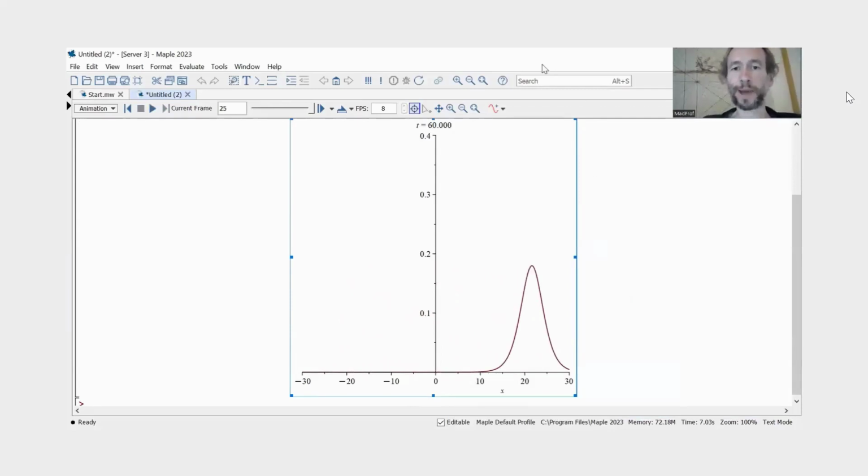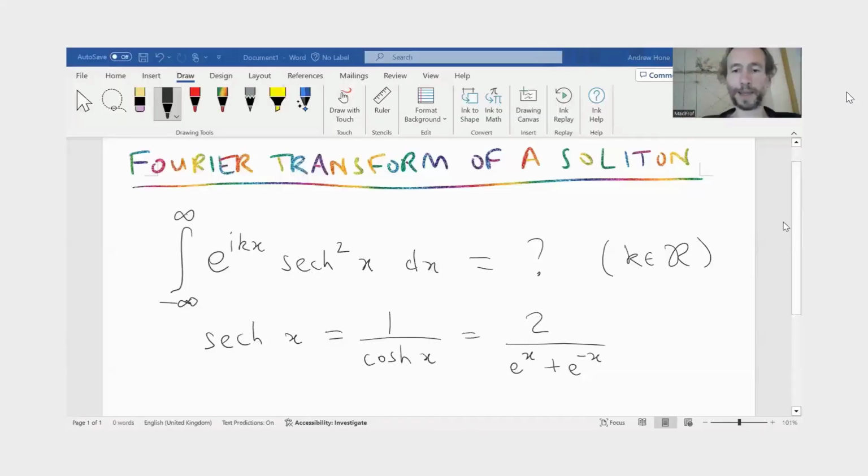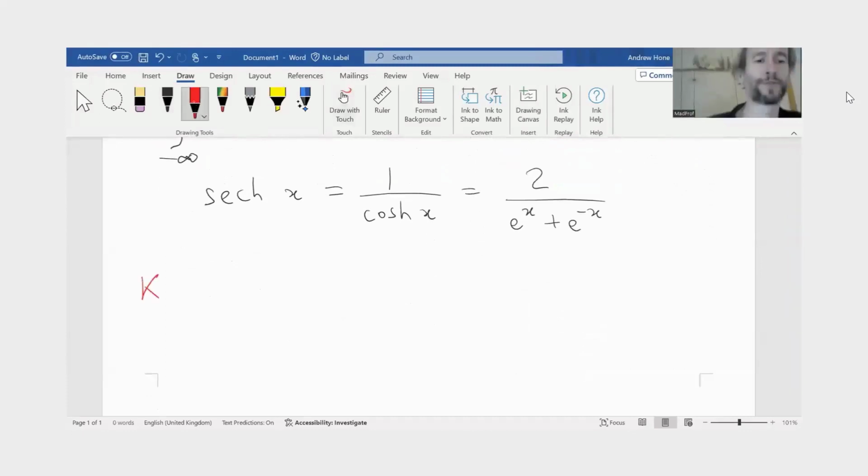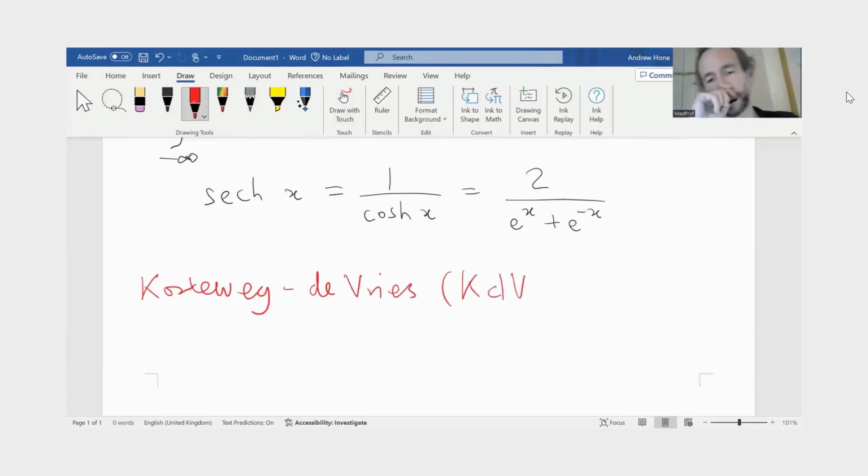Okay, so let me go back and explain to you briefly what a soliton is, and then I'll maybe explain where the origin of this particular problem came from. The PDE that I mentioned just before is called the Korteweg-de Vries equation, or KdV is how it's normally shortened.